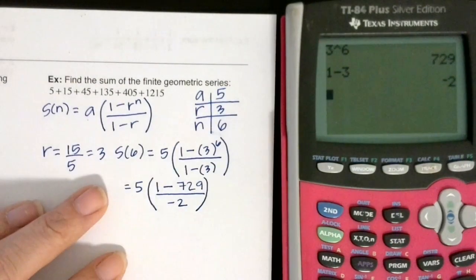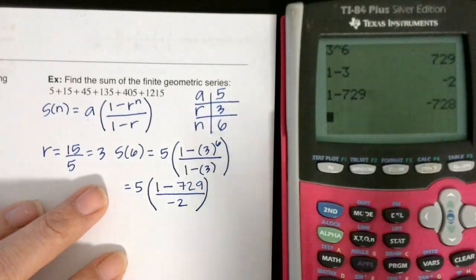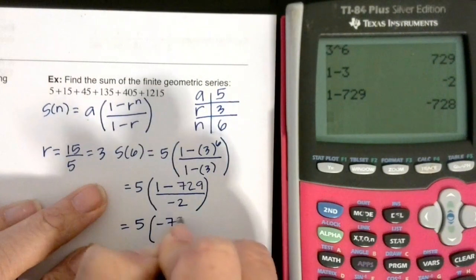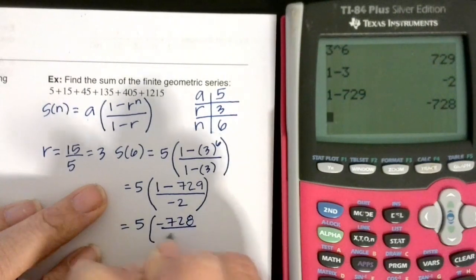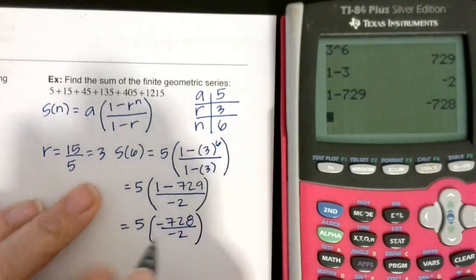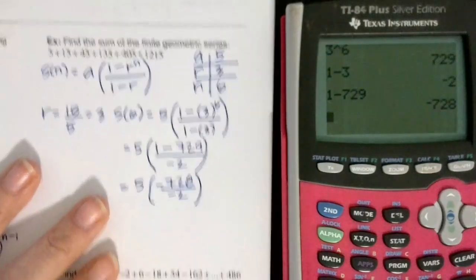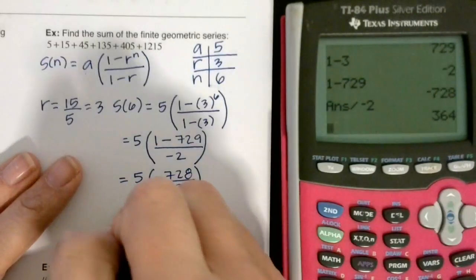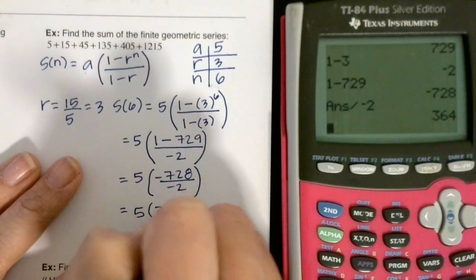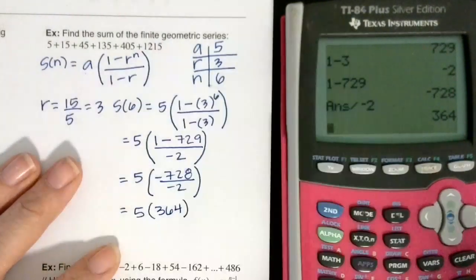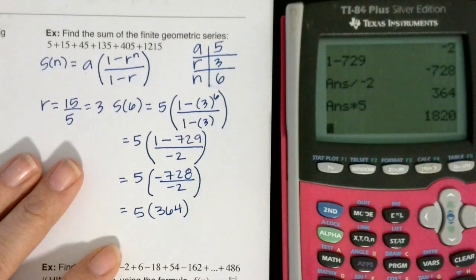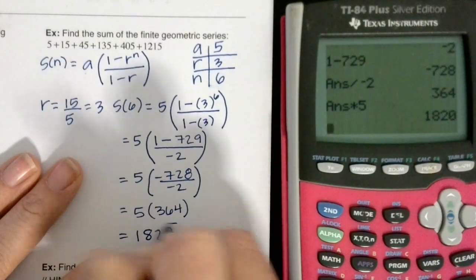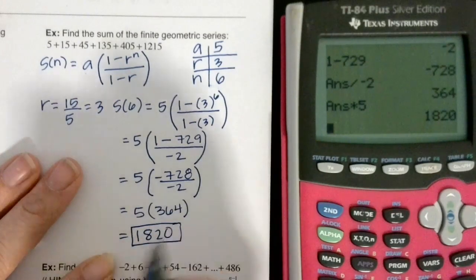So 1 minus 729 equals negative 728, and then divided by negative 2 is 364. Then times that initial value of 5, and that's 1820. So when I add up those numbers, I get 1820.